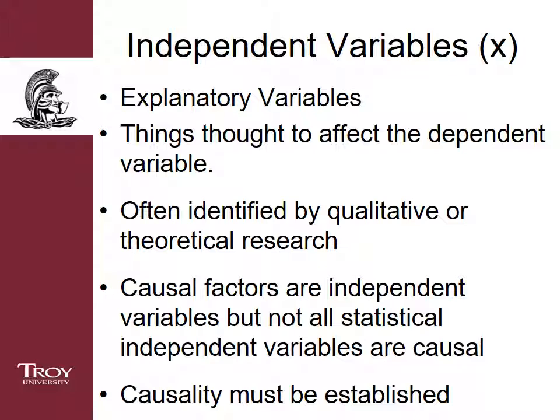The point is, there's some reason to think that this variable affects the dependent variable. And that's what theory is, that's all theory is. Theory is a bunch of ideas about cause and effect in the world, how one thing affects another one. And this is generally where we come up with the independent variables.